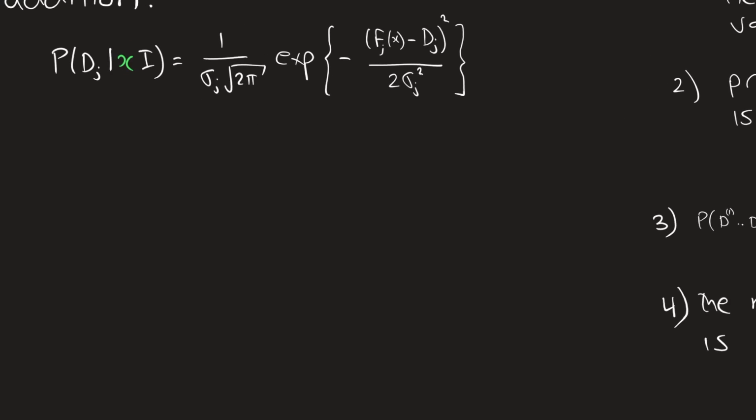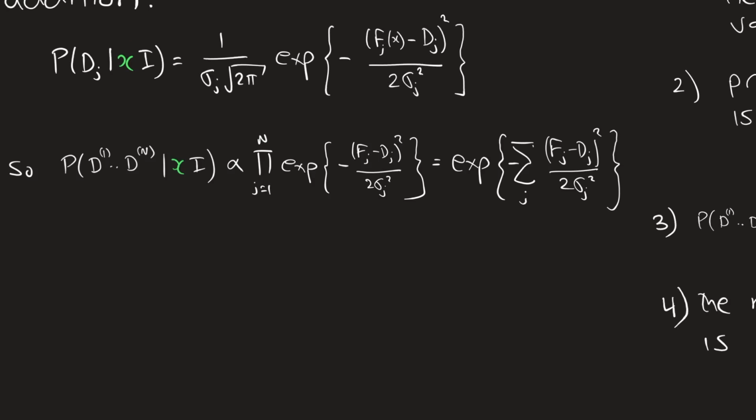So now what does this mean? Well, the probability of all our data, data 1 through to data n given x, is going to be proportional to the product of n Gaussians, one for each of these data points. And we can ignore any factors that don't depend on x because we're only interested in the most probable value of x.